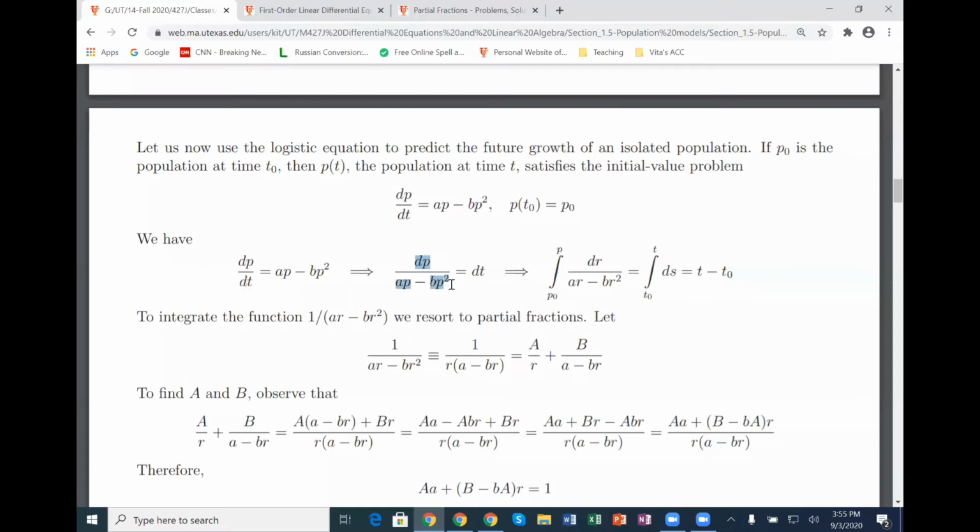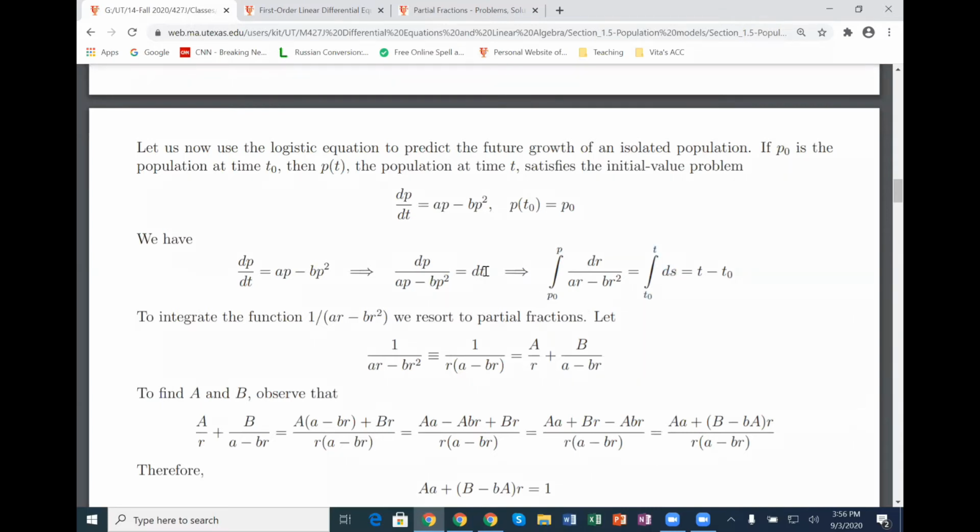All p terms are on the left, and the t term is on the right. Here's what we do next. We integrate both sides. We integrate the left-hand side from p0 to p, and we integrate the right-hand side from t0 to t. It is easy to find the right-hand side.